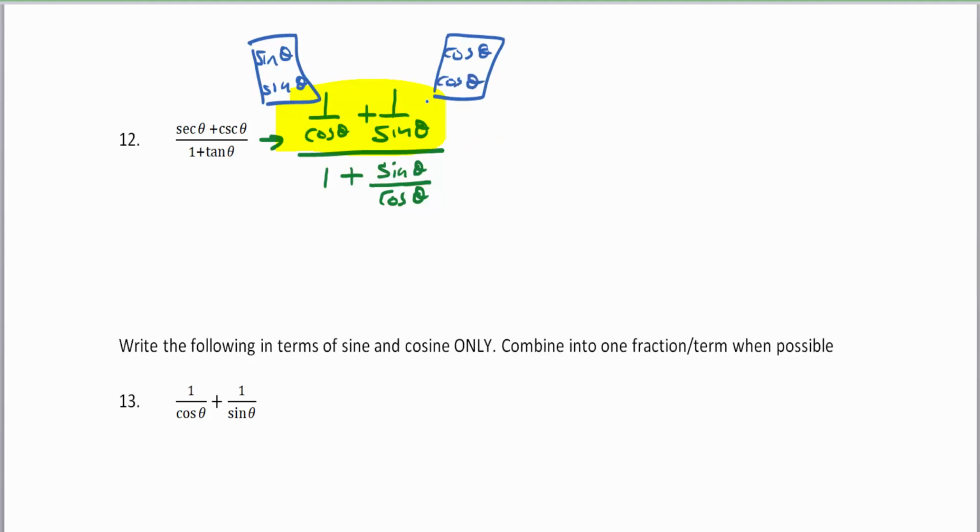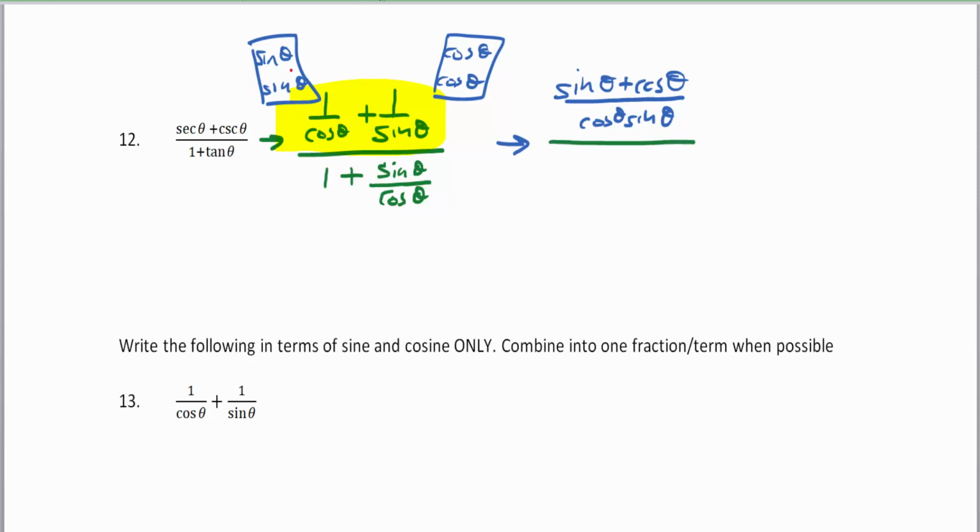So what this means is this sine times 1 is now just sine, and this cosine times 1 is now just cosine. So I got sine theta plus cosine theta all over cosine theta sine theta. So that is my numerator, in yellow.